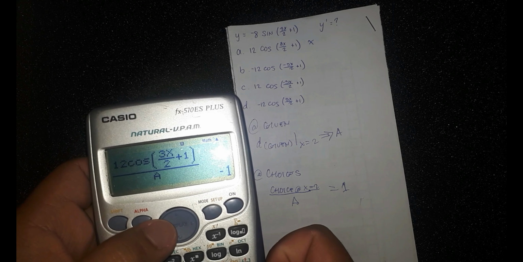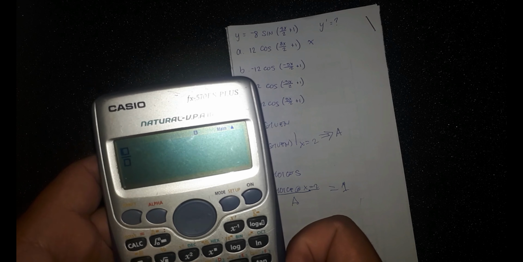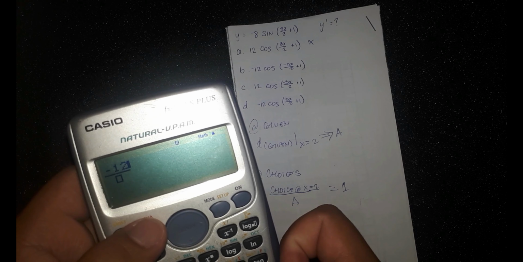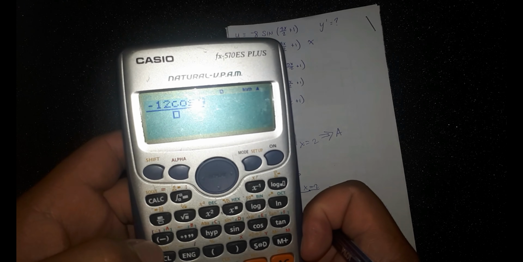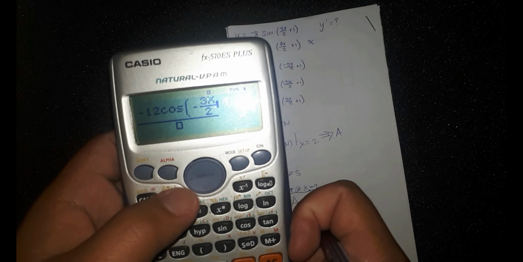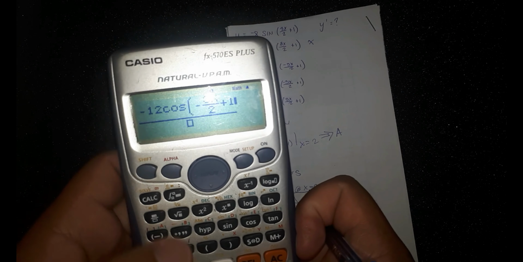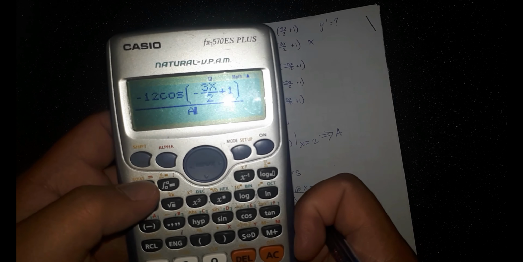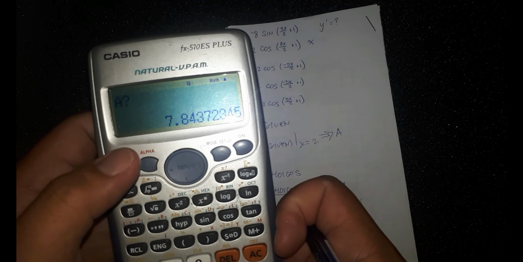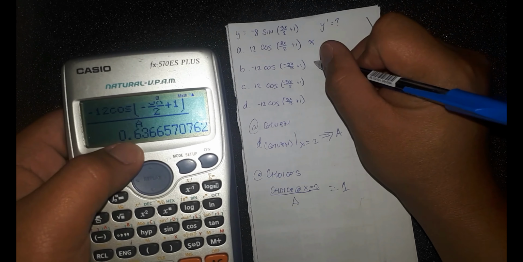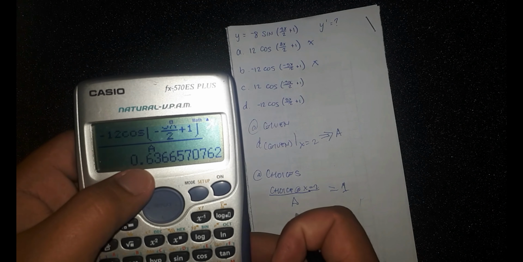Let's go to letter B. Negative 12 cosine negative 3x per 2 plus 1 all over A, calc 2, then yung value natin ng A 0.64, it's not equal to 1, so it's not the answer.